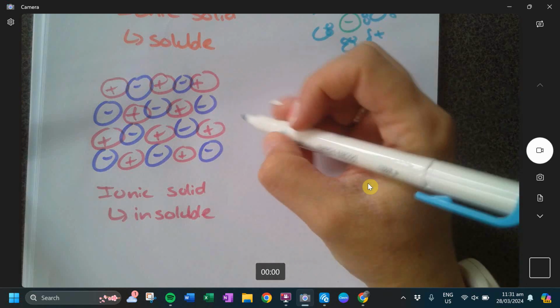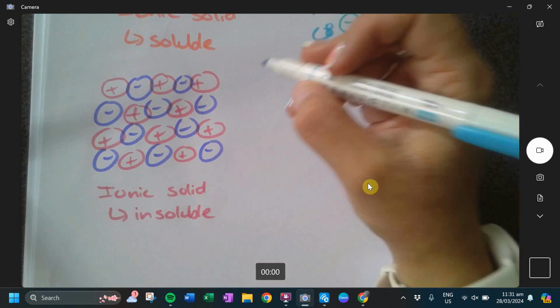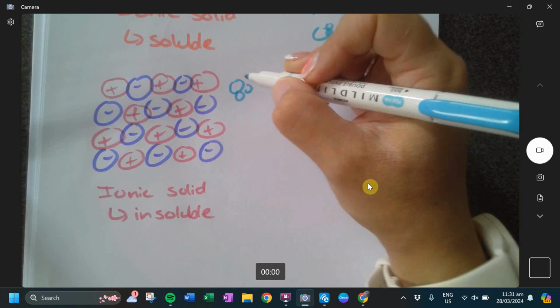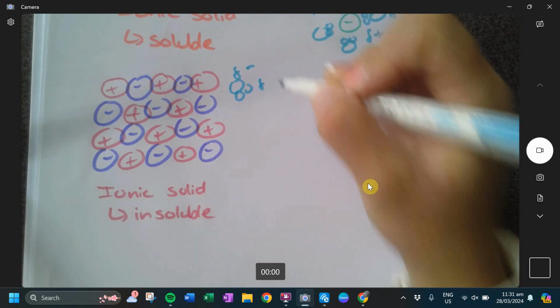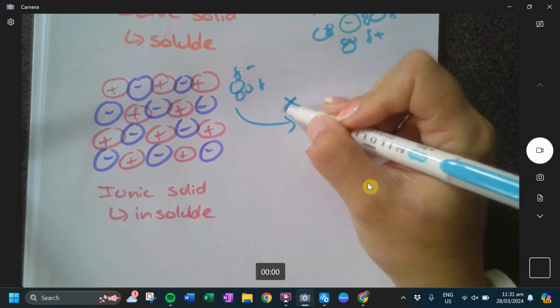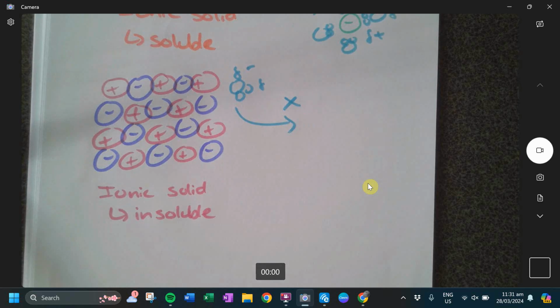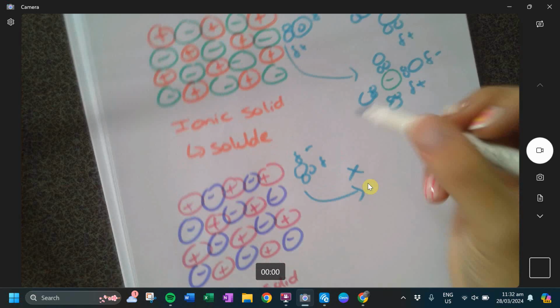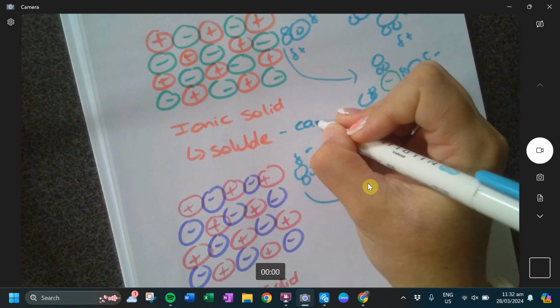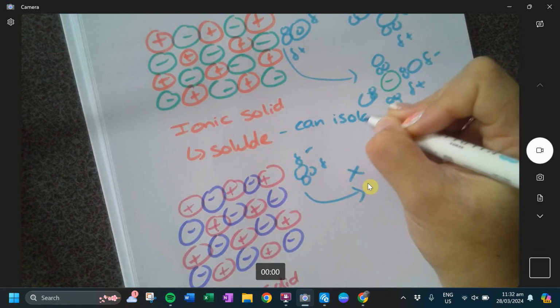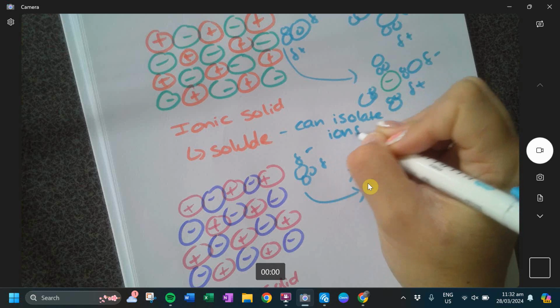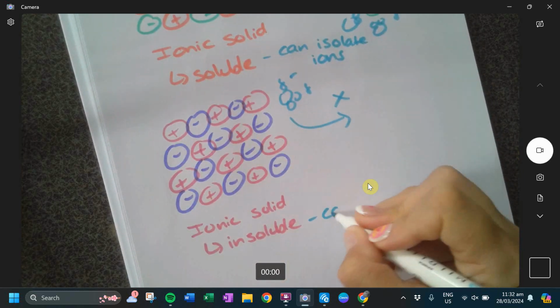The water molecule will go towards the ionic solid as it normally tries to, but in this case it will not be able to pull it apart. If it cannot pull it apart, then it's insoluble. If it can, then it's soluble. Are we okay with that so far? So can isolate ions, it's soluble. Insoluble is cannot.